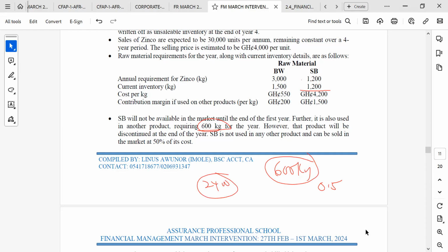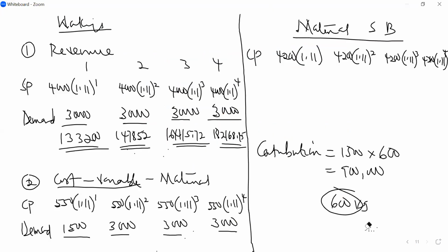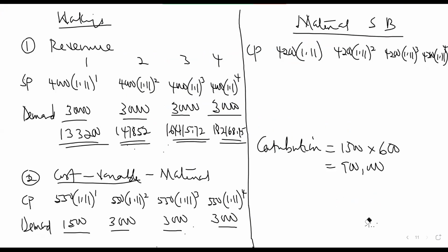2,400, isn't it? Yes. So if you are selling the 600, what are you going to be getting? $1,260,000. Okay. So net realizable value will be 4,200 times what? 600. We are getting 1 million 260,000.